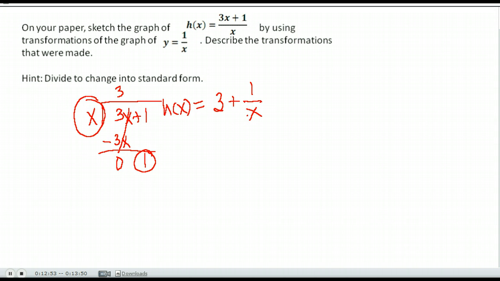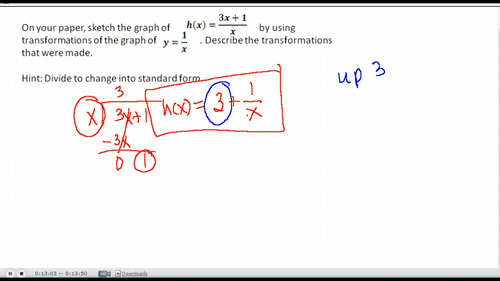So I did the long division. Here is what my function looks like. What happened to the function? Well, let's look at the different parts. I have a positive 3 here, so that's going to move it up 3. I have nothing happening to the denominator, so it's not going to move right or left. This positive sign, there's no reflecting happening. All that's going to happen to this one is it's going to move up 3.